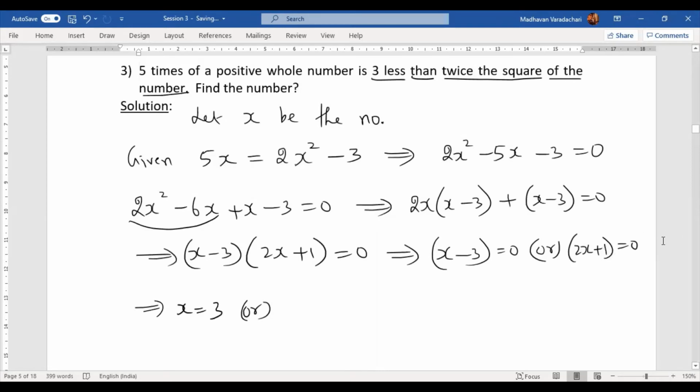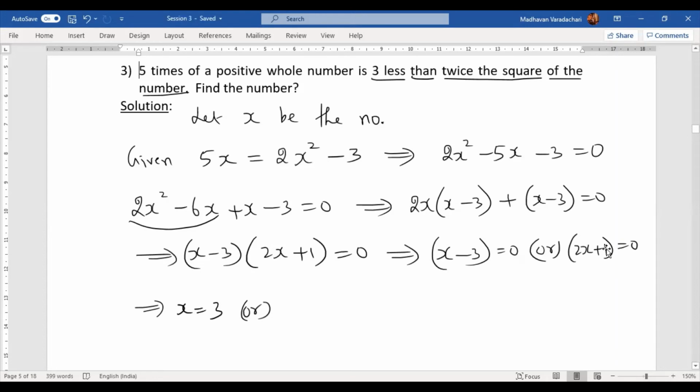Sorry, 1 will go that side, it will become negative. Then 2 will get divided. That means it will be negative half. But it talks about positive whole numbers, so I should not consider it.